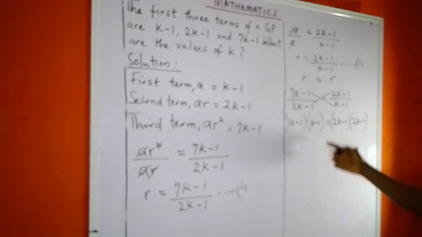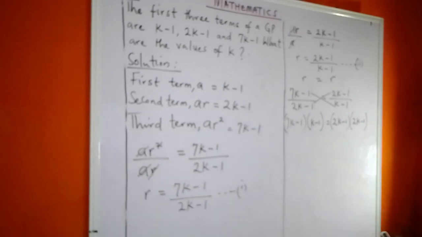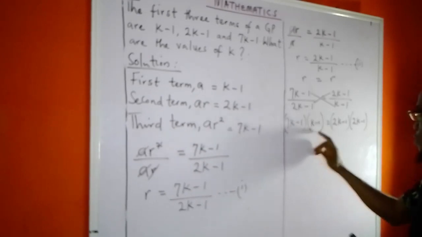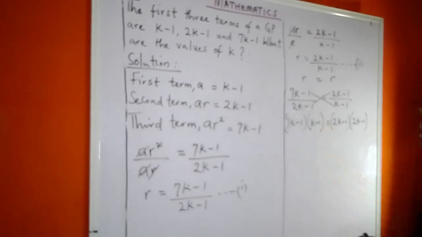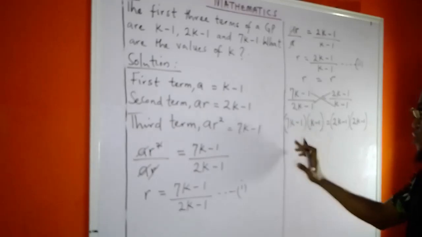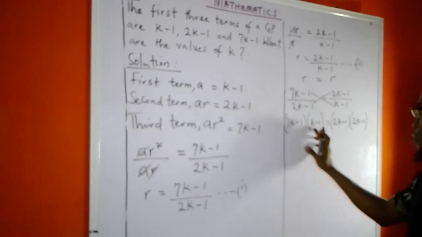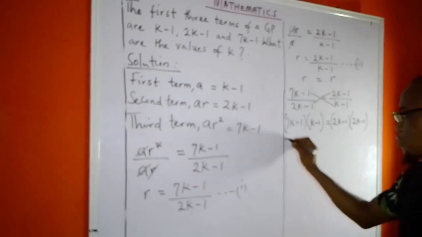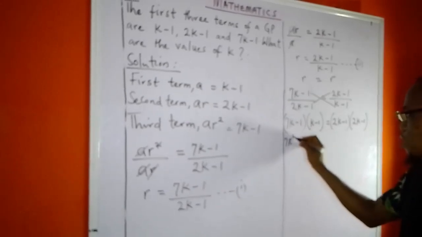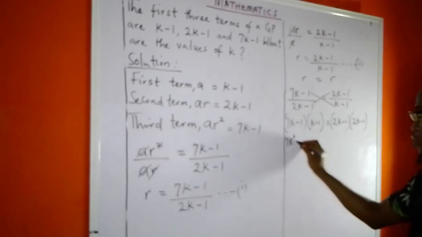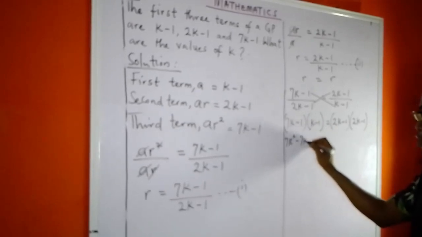So let's expand this. When we expand the brackets, we use what is inside this bracket to multiply what is inside this bracket. So let's do that, one after the other. Are we together? So 7k multiplied with k will give us 7k squared. 7k times minus 1 will give us minus 7k.